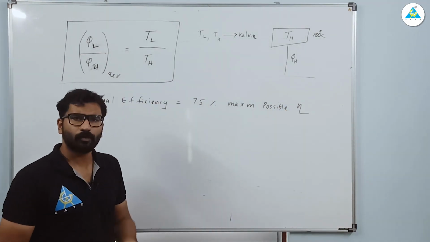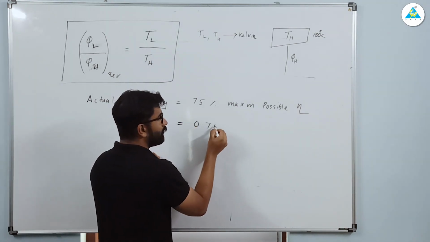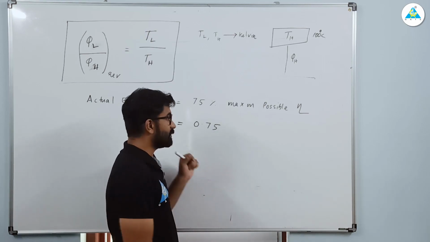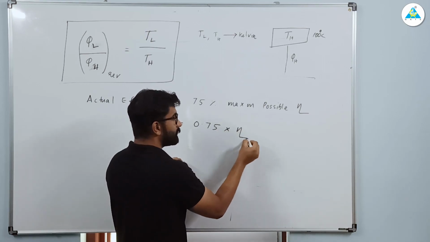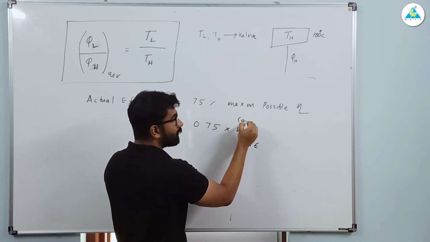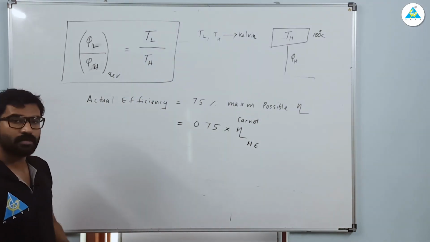What will be the maximum possible efficiency? Your efficiency is maximum when it is a Carnot heat engine. So it is 75% of the efficiency of a Carnot heat engine. So find the efficiency of a Carnot heat engine.